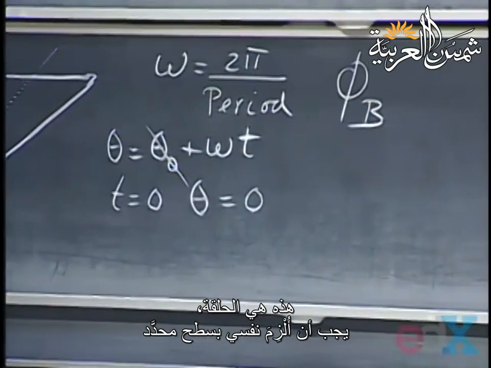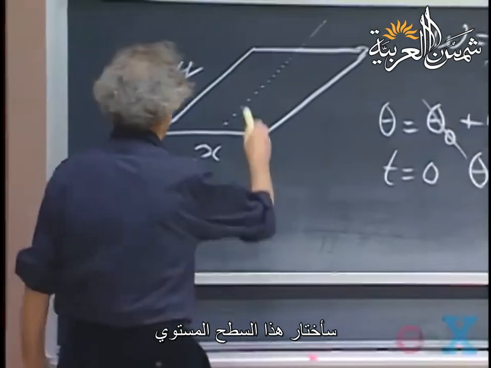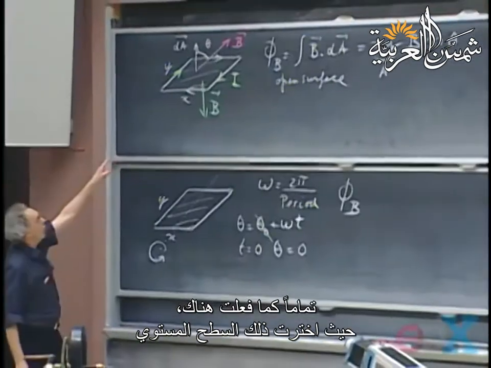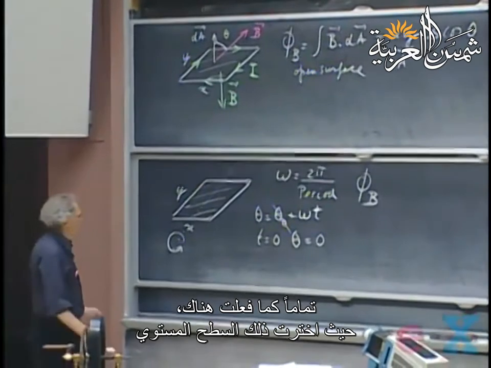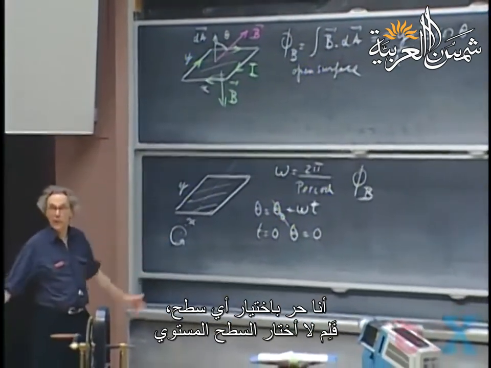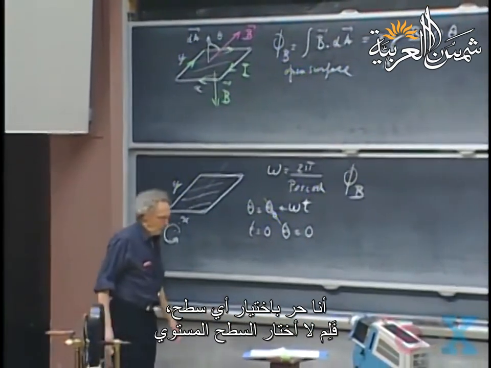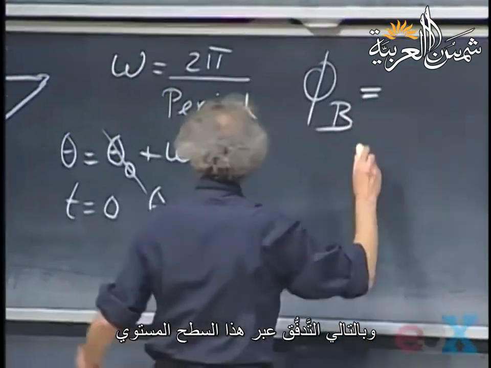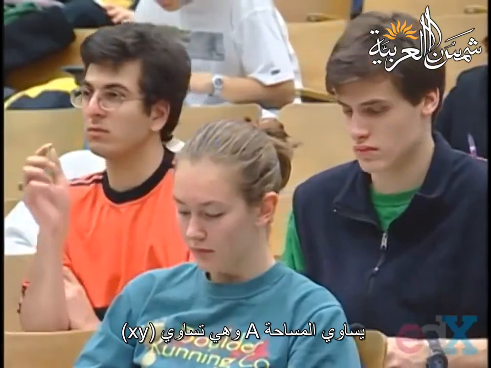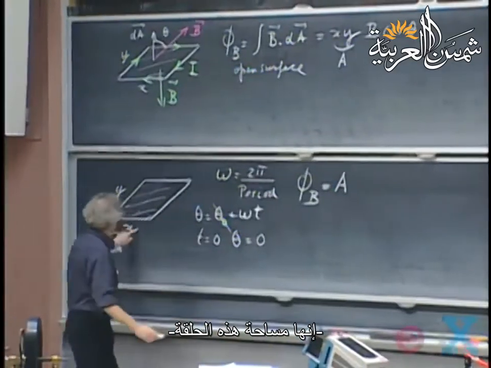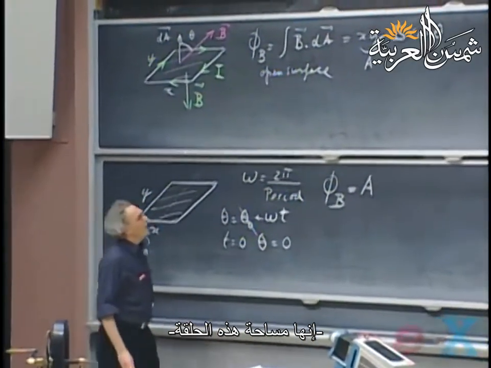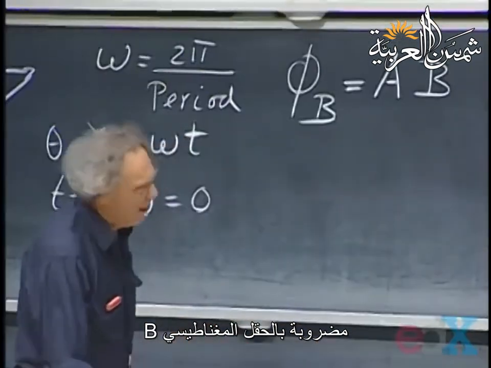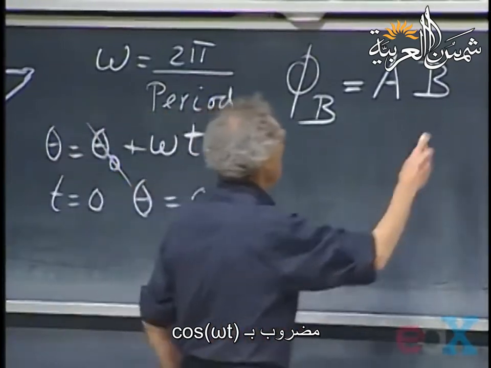I have to commit myself to a surface. Well, I will just choose this flat surface, just like I did there. I'm free to choose any surface, why not take the flat one? And so the flux through that flat surface is then the area, which is x times y, that's the area of this loop. And then I have the magnetic field. And then I have cosine omega t.